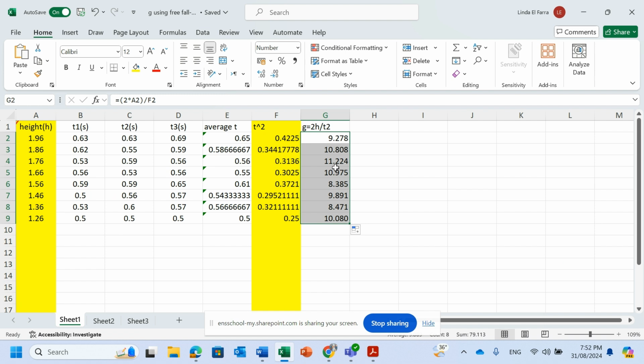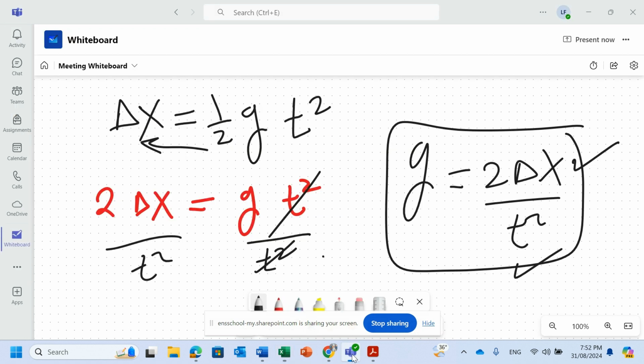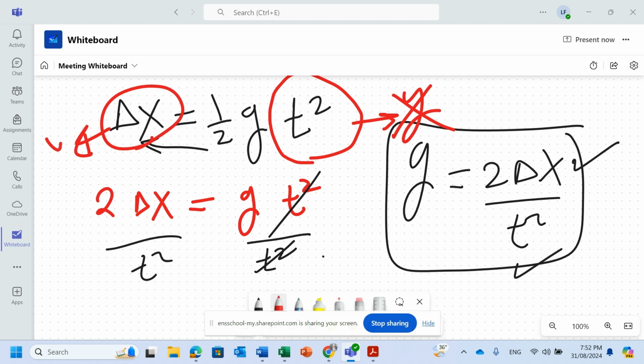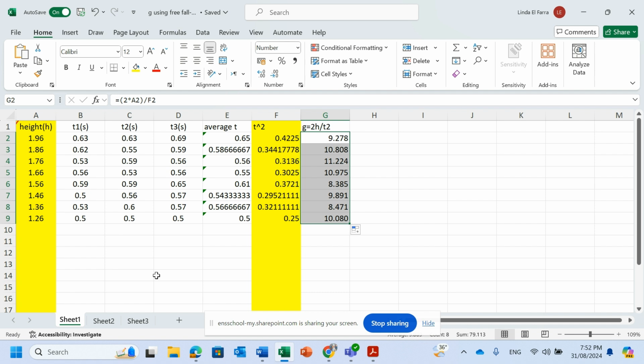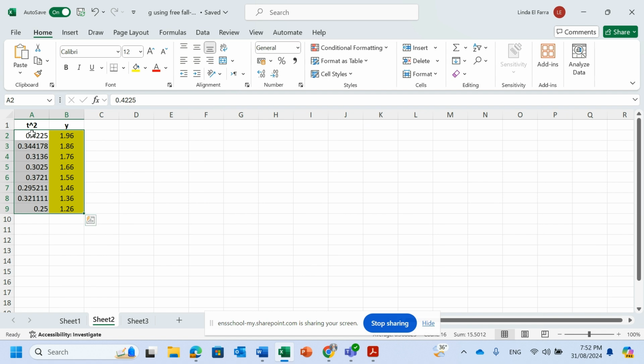Now, second step, I have to graph the relationship between delta x and t squared. We said this will represent the y-axis and this will represent the x-axis. You have two options: either you do it on the same sheet, or for simplicity, just copy the height column and the t squared column into another sheet. So I have t squared, which will represent the x-axis, and height the y-axis.